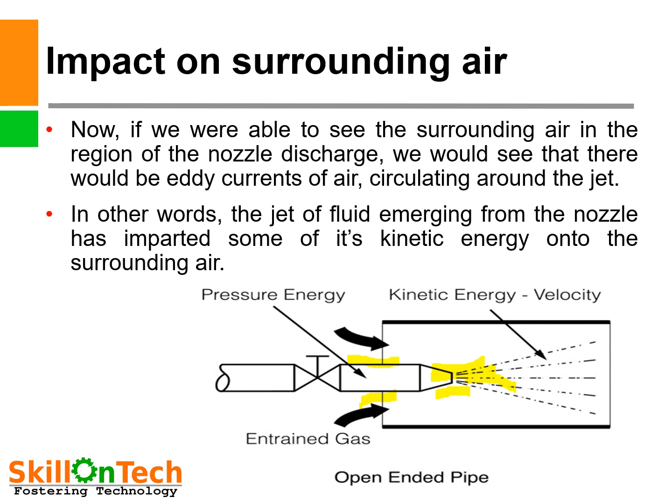The velocity of this fluid increases. So here you can see these are the entrained gases. Due to this velocity, the pressure in the surroundings decreases and a vacuum is created here.